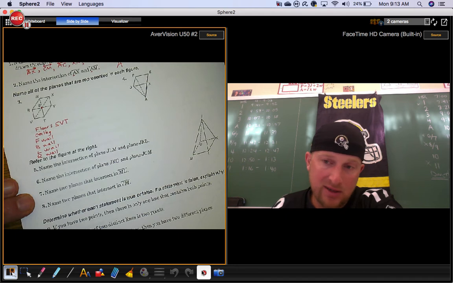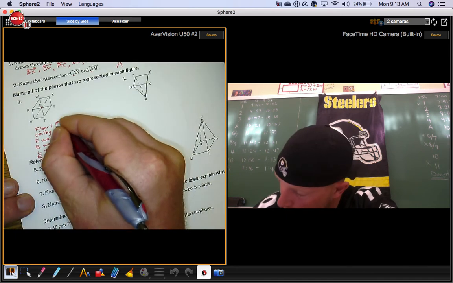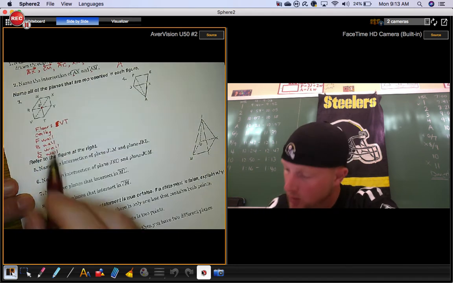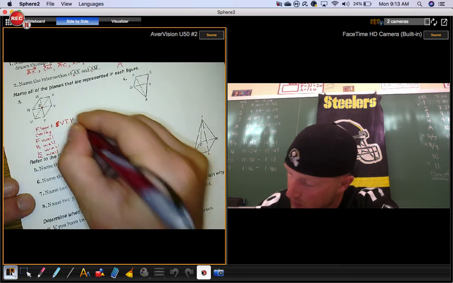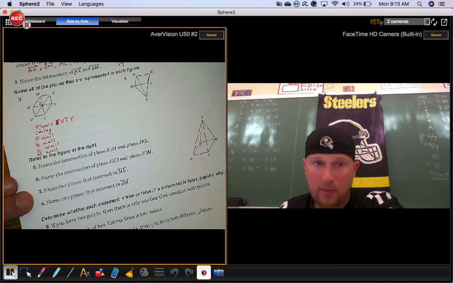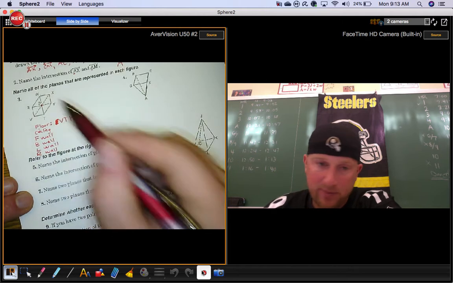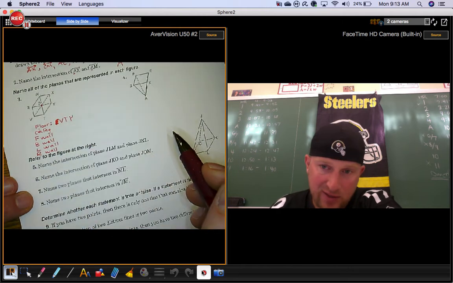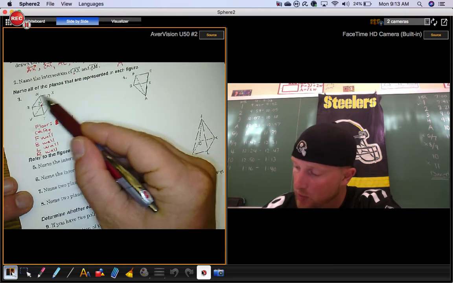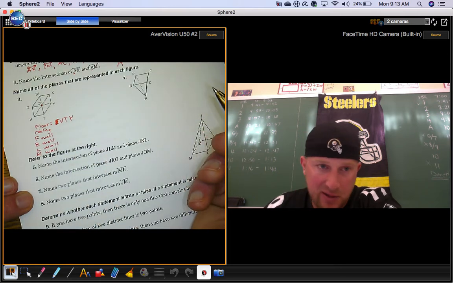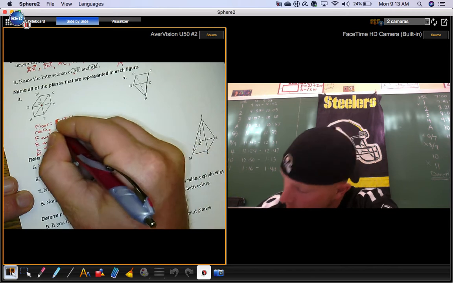Maybe point S isn't on the floor, so maybe I won't use it here. Sorry about that. We'll call the floor plane VTY. I'm going to say S is on the ceiling maybe. Okay, maybe we just shouldn't use S altogether. But what other 3 points are on the ceiling besides S if S isn't on the ceiling?